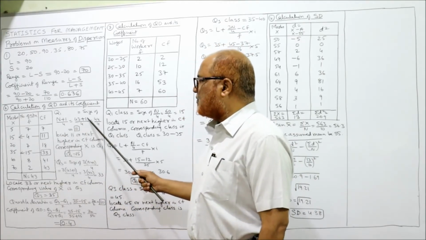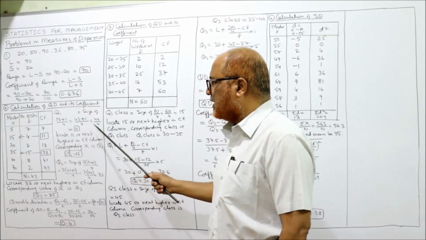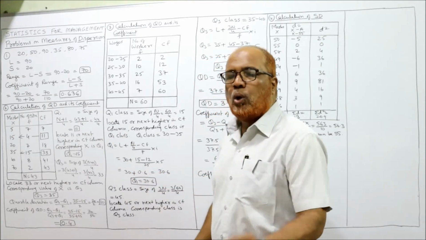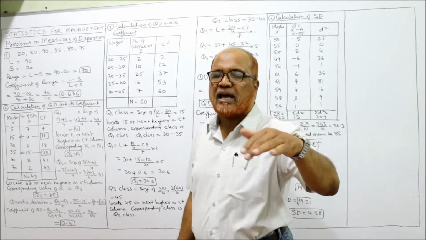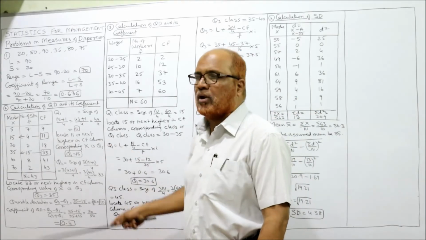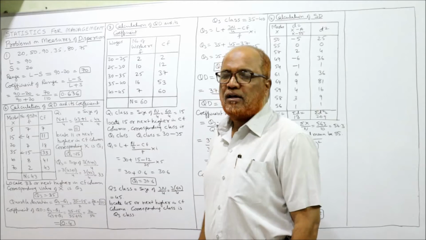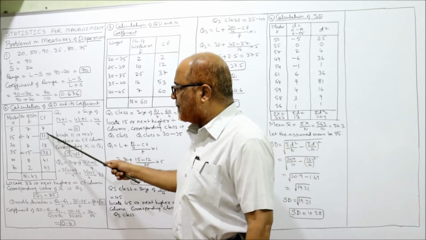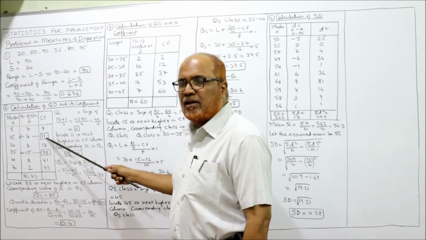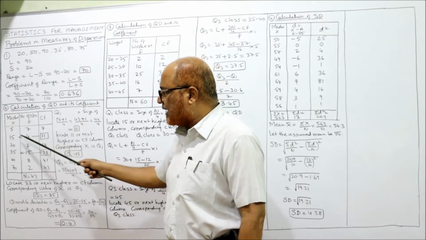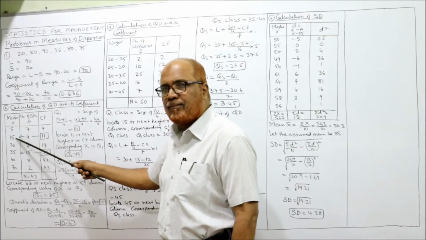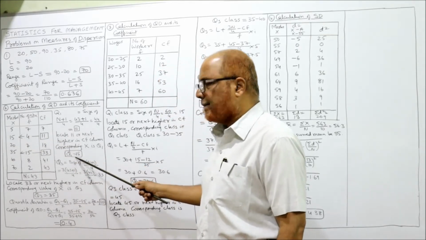So 43 plus 1 divided by 4, 44 by 4 is 11. Now locate 11 or the next higher value in the CF column. The corresponding value of x is the Q1. So 11, we already have 11 in CF. What is the corresponding value of x here? 15. So 15 is the Q1.